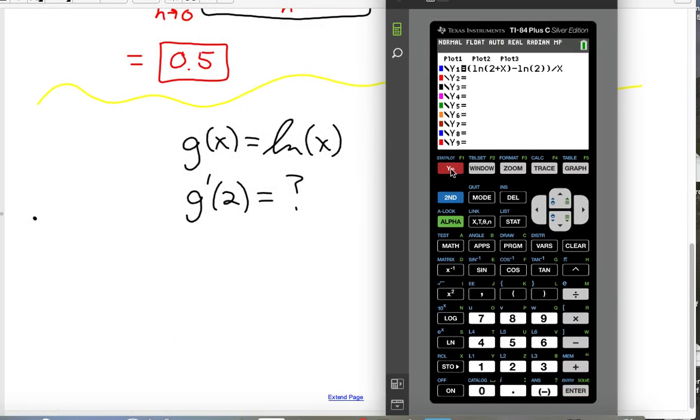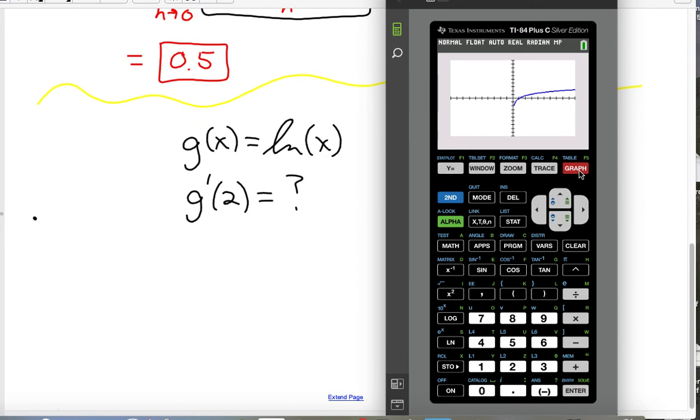So all you have to do is put your function in, natural log of x, and to find the derivative at 2, if you're on the graph screen, you can go to second trace to get to the calculator menu. And sure enough, number 6 here, dy dx, that's another notation for the derivative. It means the derivative of y with respect to x. We're going to choose that, and it's on the current graph, and I have to type in the x value. Well, I wanted the derivative at 2, so I hit 2.